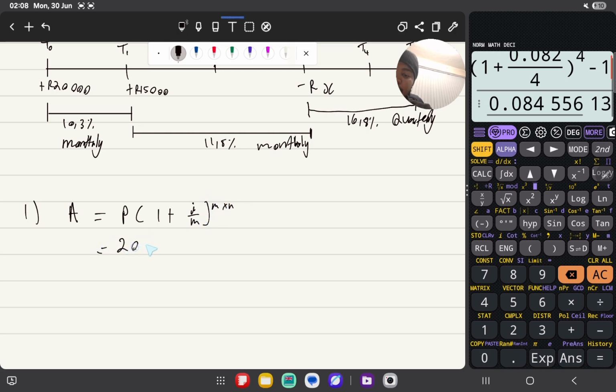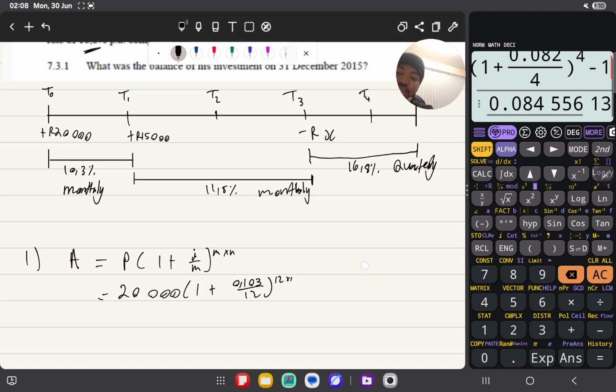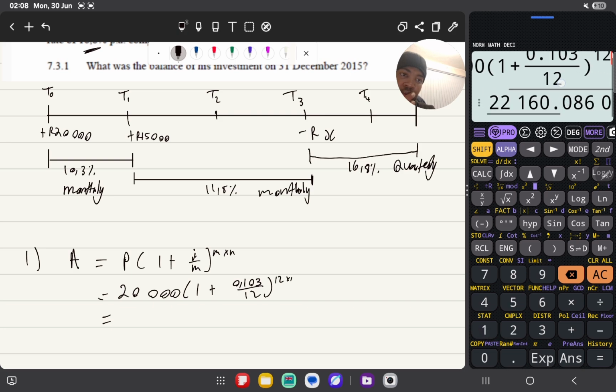So it is 20,000. Interest is 0.103, 12, 12 times 1. Go to your calculator: 20,000, 0.103, 12, 12.